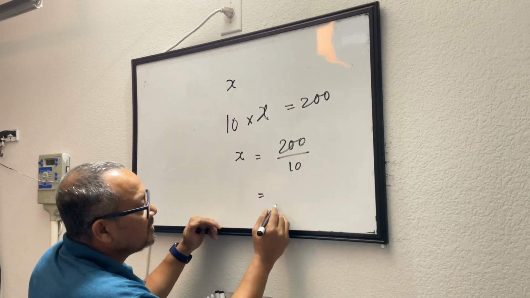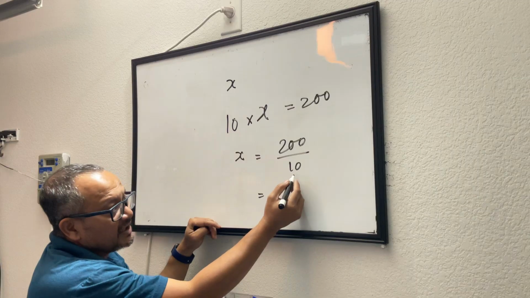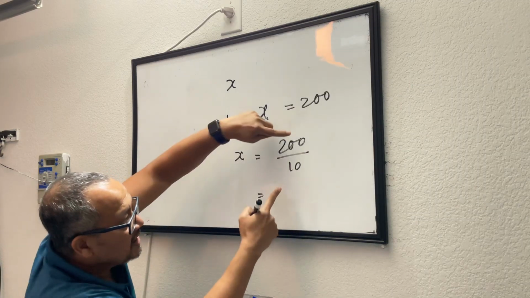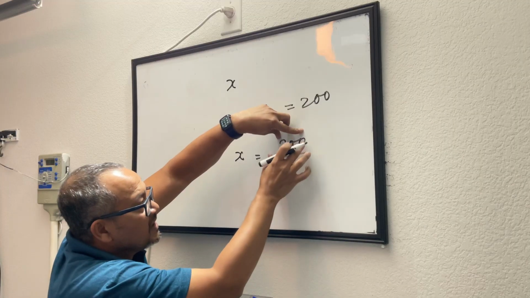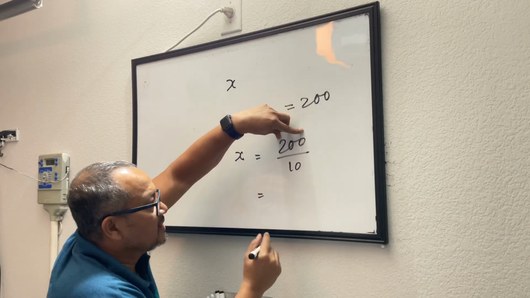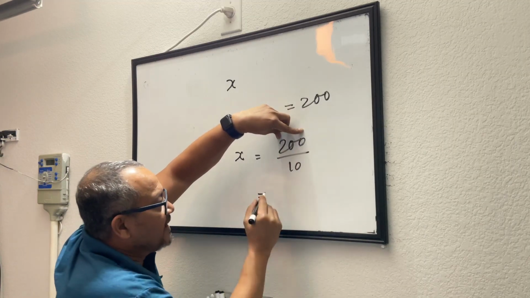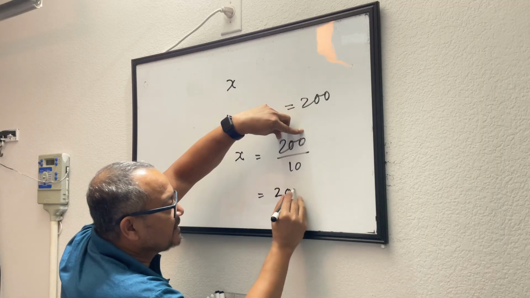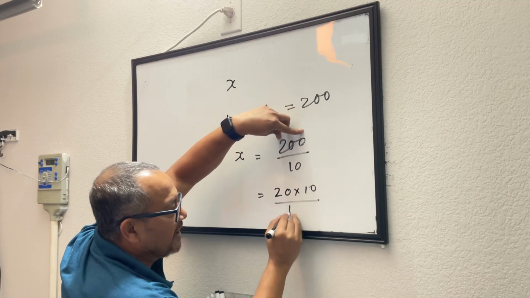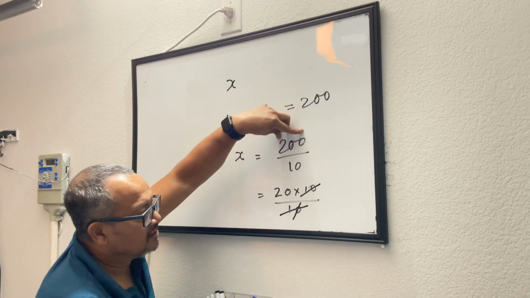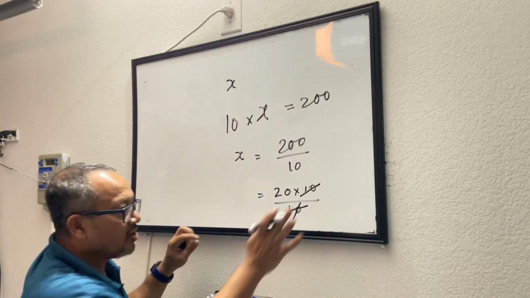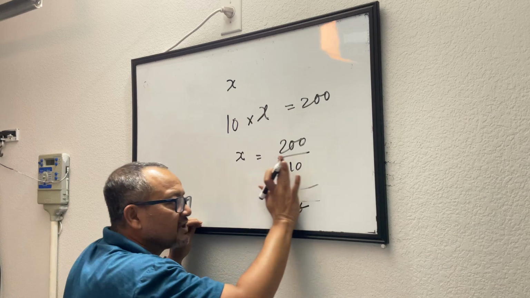Now 200, there's a dirty technique that I want to teach you guys. If you have numbers in the numerator and denominator, you can either divide 200 by 10 and you get 20, or you will factorize it. You will say 200 I can write as 20 into 10 by 10, and then you do tic-tac-toe, this 10 and this 10 gone, and you get a 20. Or there is an easier, faster method also.